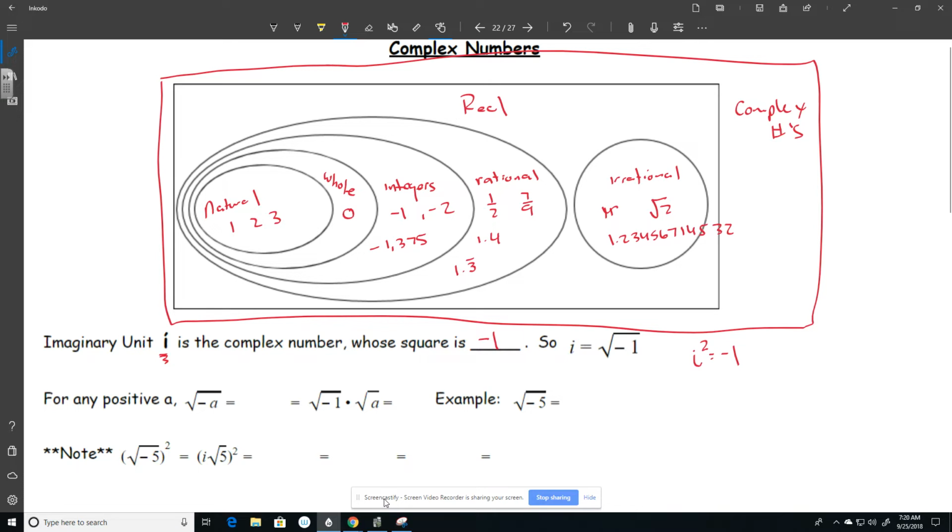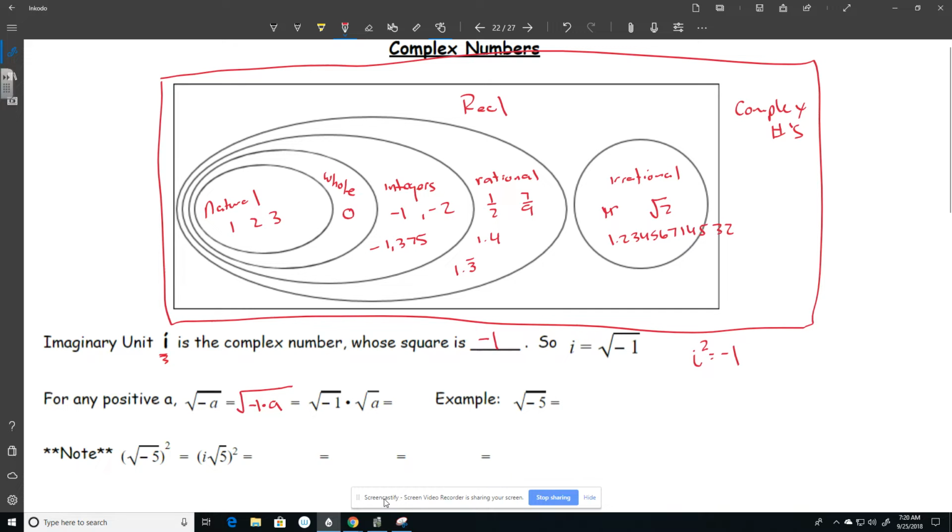So if you have the square root of -a, we shouldn't be able to do that. But with our new imaginary number, I can change this to the square root of -1 times a. So -a, I just changed to -1 times a. And then I can use my rules of radicals to change this to the square root of -1 times the square root of a.